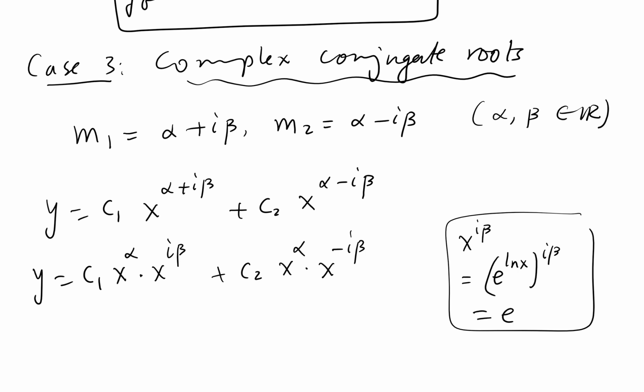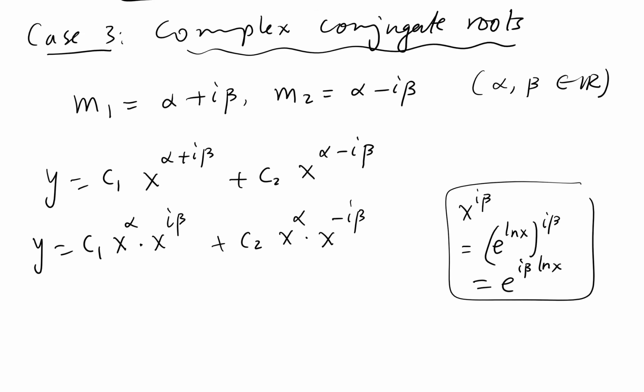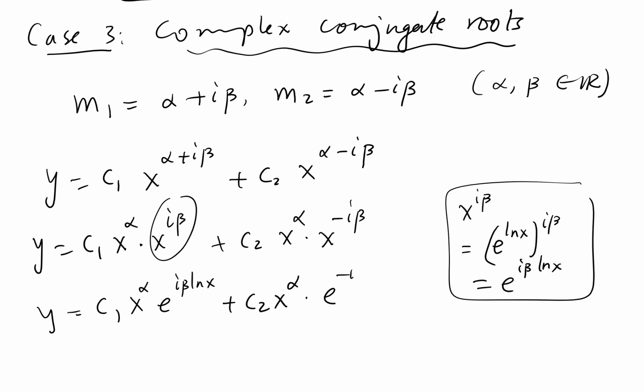And this becomes e to the i beta natural log of x. You can multiply the exponents. Why did I do that? Because now I can rewrite this as c1 x to the alpha e to the i beta natural log of x, plus c2 x to the alpha e to the negative i beta natural log of x.